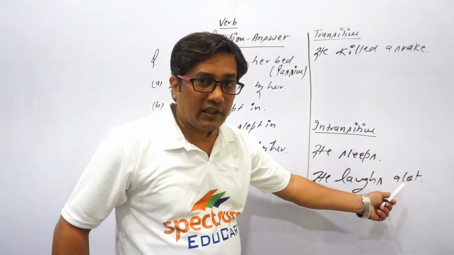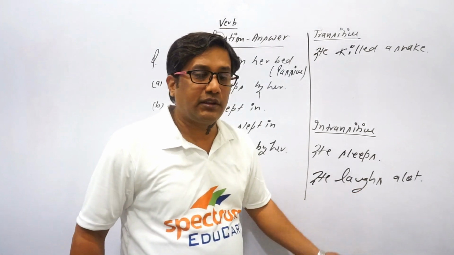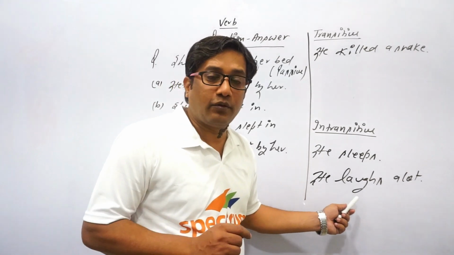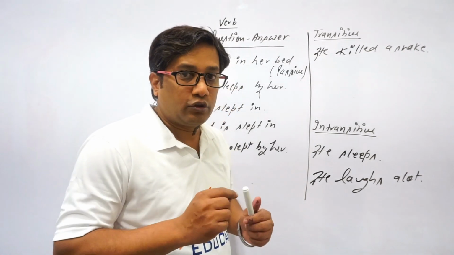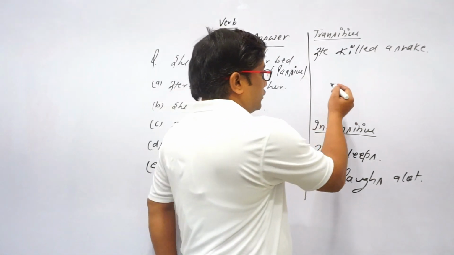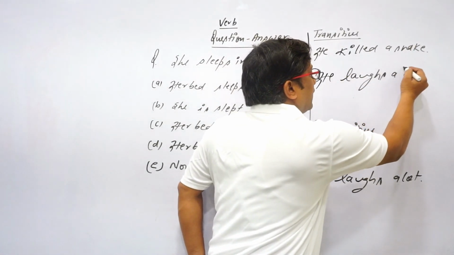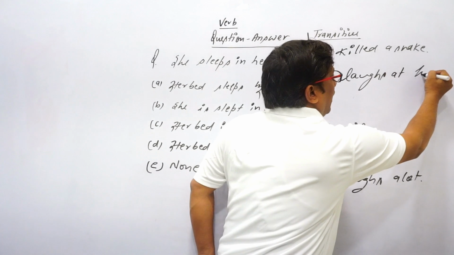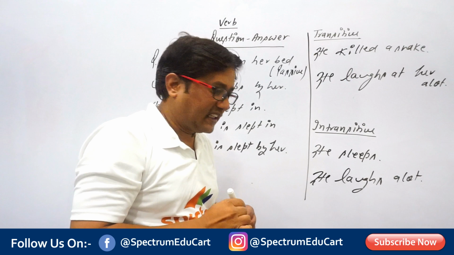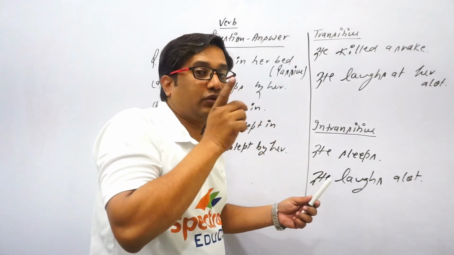A lot is an adverb, so there is no object, so that is intransitive. But there's a rule that this can be converted into transitive by using at. As soon as we add it, it becomes transitive. So I can also write, he laughs at her a lot.